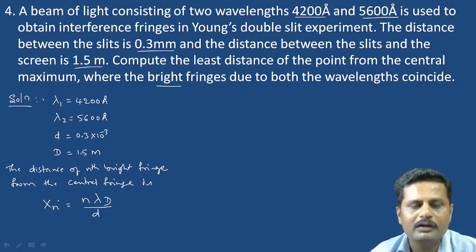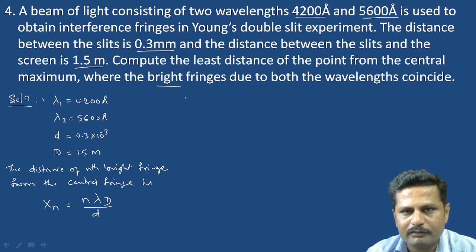This is the expression for distance of the nth bright fringe from the central bright fringe. Now, the distance of the bright fringe from lambda 1 is xn1 equals to n1 lambda 1 D divided by d, and the distance of the bright fringe obtained by the second wavelength, that is xn2 equals to n2 lambda 2 D divided by d.